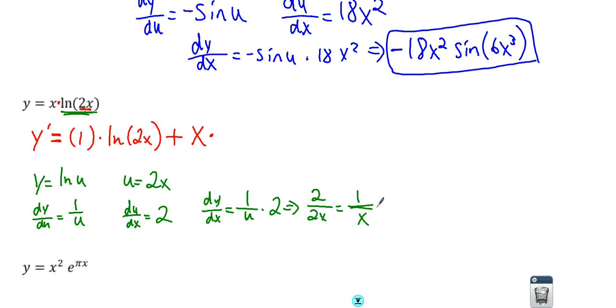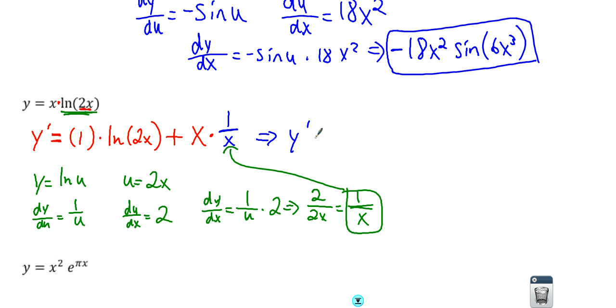So that right here is our derivative for ln of 2x. So we have to put that in now, which is 1 over x. And this is our derivative, but we want to simplify that a little bit.